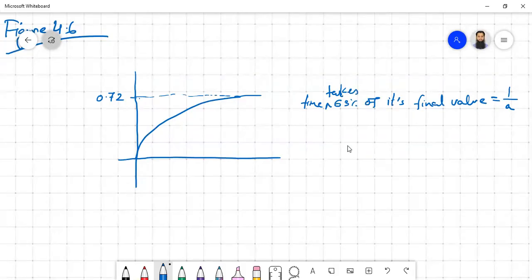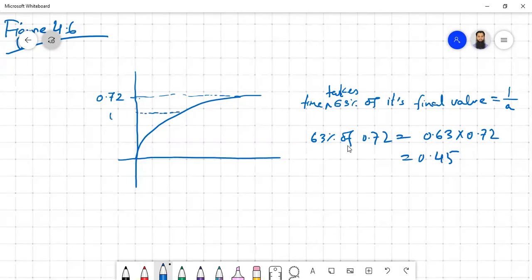So the final value is 0.72. 63% of 0.72 is basically 0.63 into 0.72, which is I think 0.45. So we have to figure out where 0.45 is on that graph, and find the corresponding time.